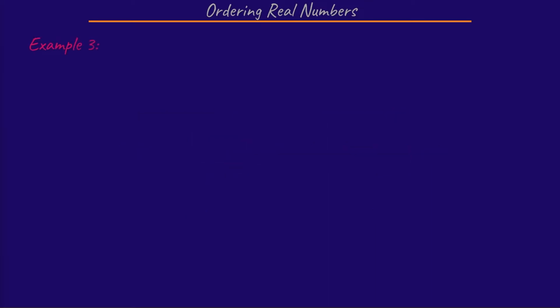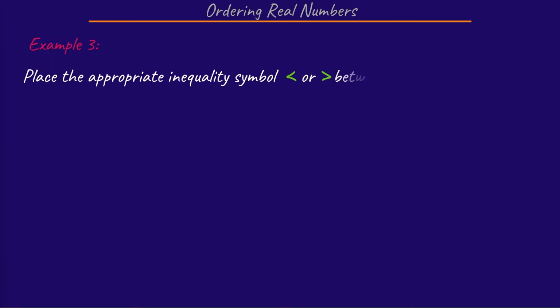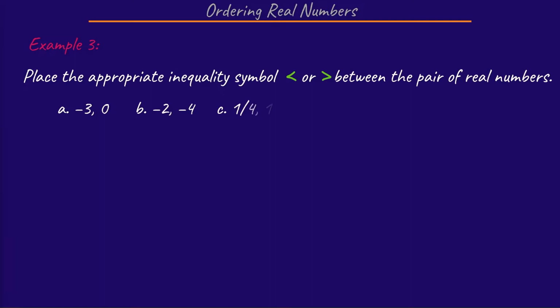Let's have an example. Place the appropriate symbol, less than or greater than, between the pair of real numbers. First, we have -3 and 0. We also have -2 and -4. We have 1/4 and 1/3.